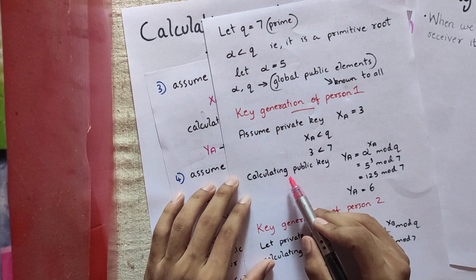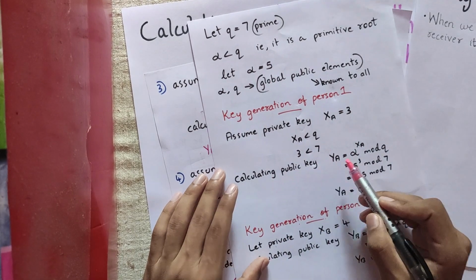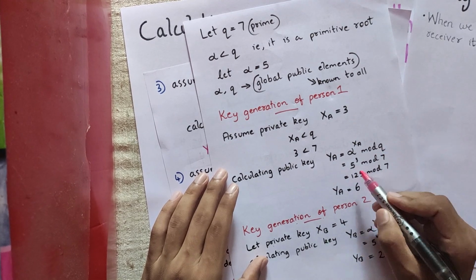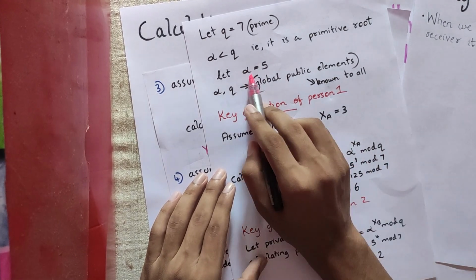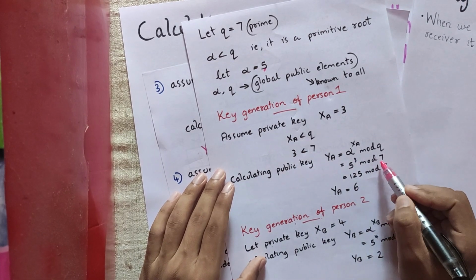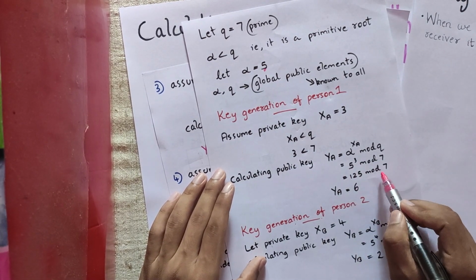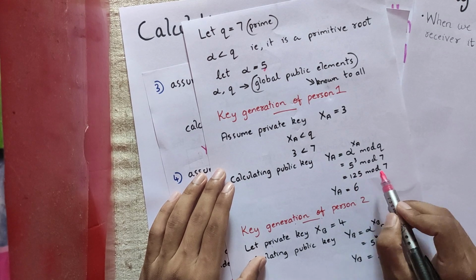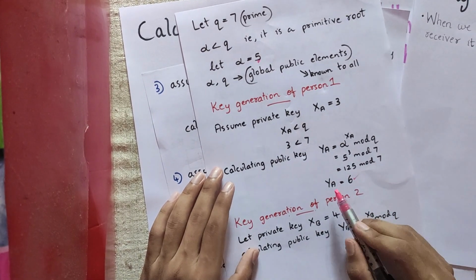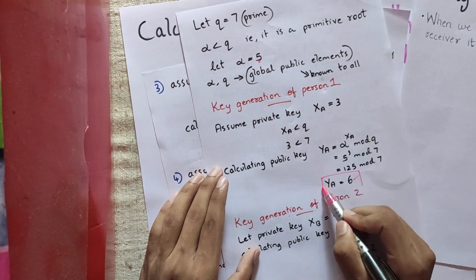Calculating the public key of person 1, ya is alpha raised to xa mod q. That is, alpha is equal to 5, and 5 raised to 3 mod 7, that is 125 mod 7. Dividing 125 by 7, the remainder is 6. So ya is 6.